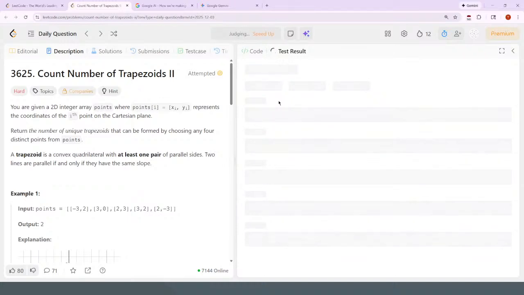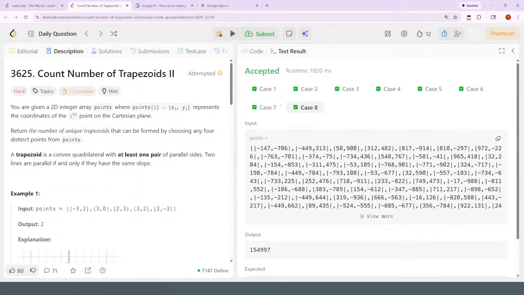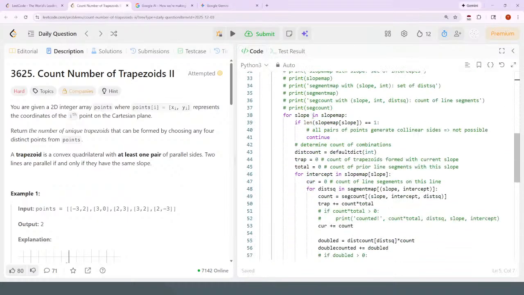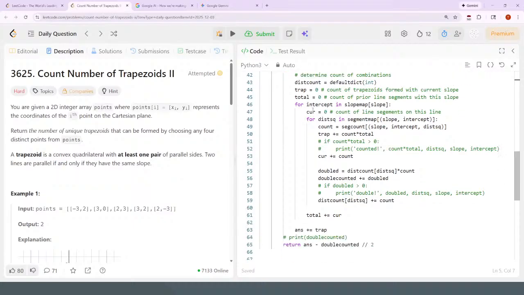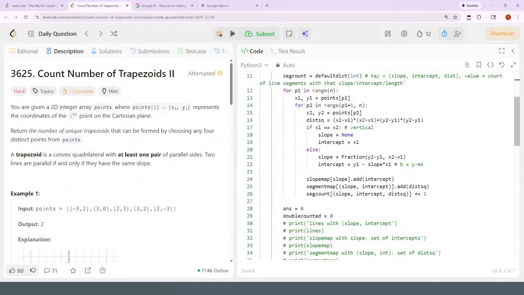Wow. Quite the start of December. Okay, so it does run it. It takes more than a second. It takes probably damn near 1.5 seconds to do it. It's just not fast enough. Just not fast enough.